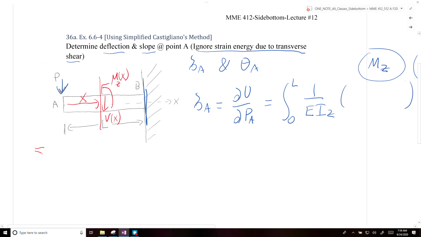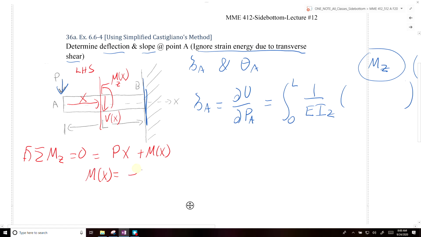So if we sum all of our moments about the z-axis and set them equal to 0 for our section cut, we get P times x plus M of x. There's no other forces being applied to the system, so our M of x term is just going to be equal to minus P times x.